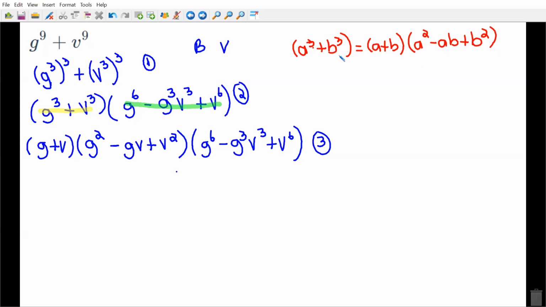So you use this formula for step number 1 because this is what we had. But then look at the yellow highlighted part. That's number 2. So you have to use it again. It's going to be G plus B, and in the formula it says A squared minus A times B plus B squared.